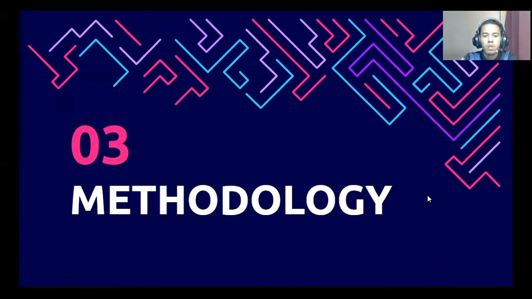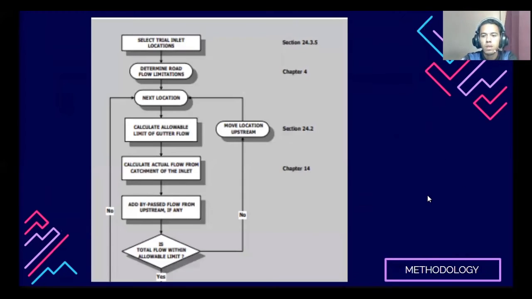Okay, the methodology of the project can basically be viewed in how the data analysis of the inlet capacity and inlet design proceeds until it can be produced in lab scale size.